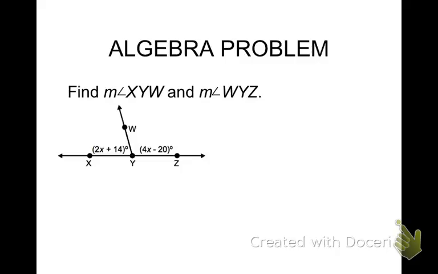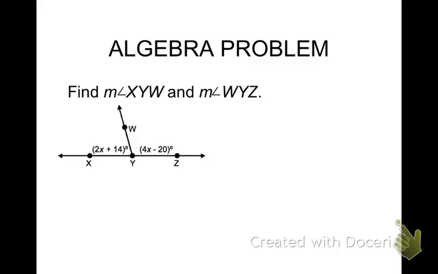Try again. Supplementary. Why do I know that these two angles have to add up to 180 degrees? It's a straight angle, right? They make a straight angle together. They make a straight line. So they would have to be supplementary, which means supplementary angles are two angles that add up to 180 degrees.